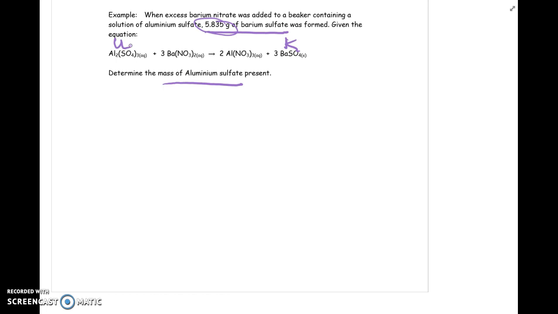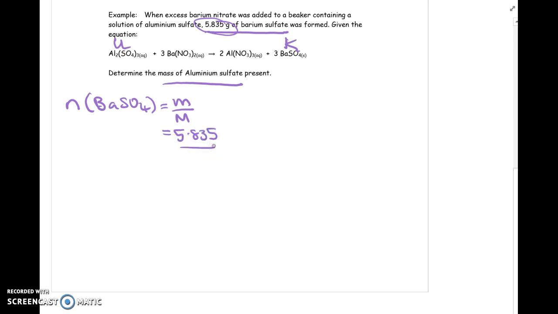So the first step in any stoichiometry is pretty much find a mole. So in this case, we're going to find the number of moles of barium sulfate. So we go the number of moles of barium sulfate is equal to a mass over the formula mass. So in this case, the mass was 5.835 grams, and the formula mass we get off the periodic table.